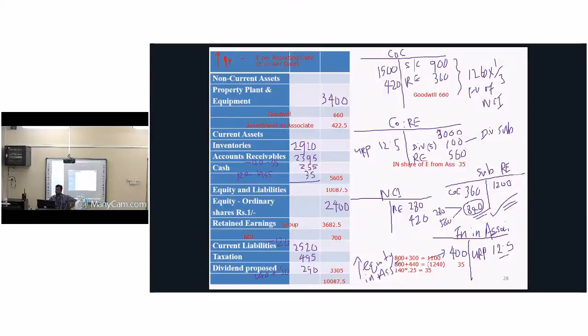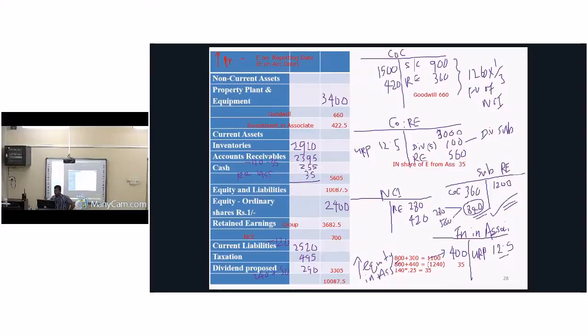Also, two more adjustments we learned related to investment in associate. One is if there is any unrealized profit arising from the associate. If parent sells goods to the associate, I told you consolidated retained earnings debit, investment in associate credit.